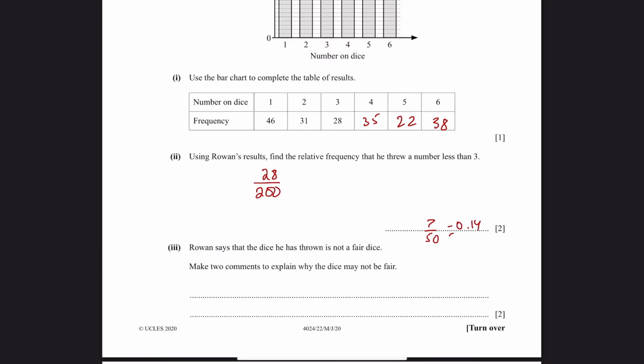Rohan says that the die he has thrown is not a fair dice. Make 2 comments to explain why the dice may not be fair.